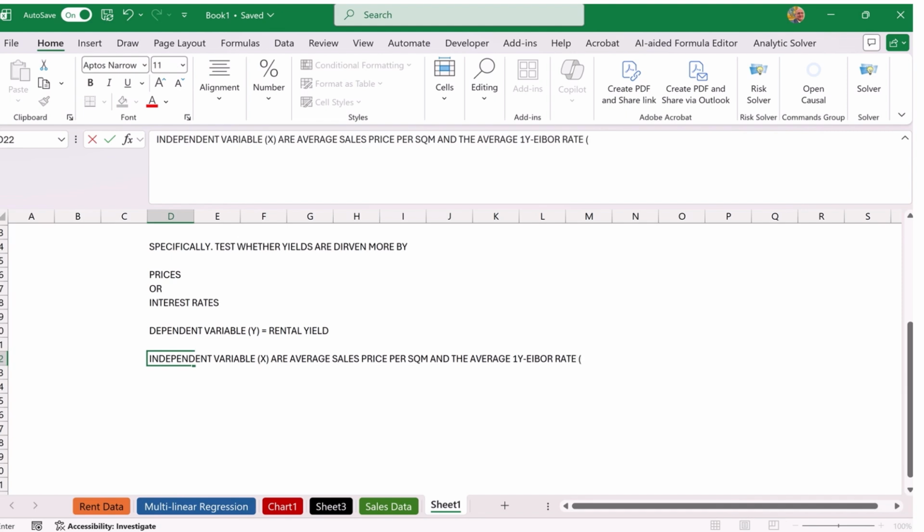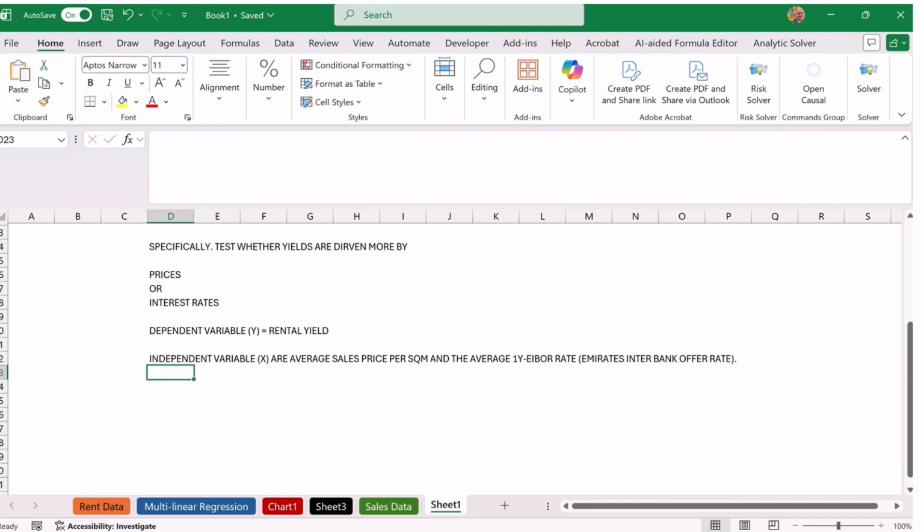The EIBOR is the Emirates interbank offer rate. And to properly establish an economic relationship, all variables were log transformed, allowing us to interpret the results in percentage terms or elasticities.